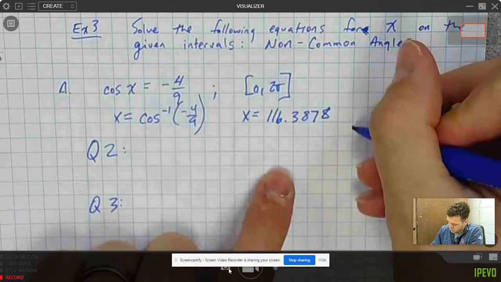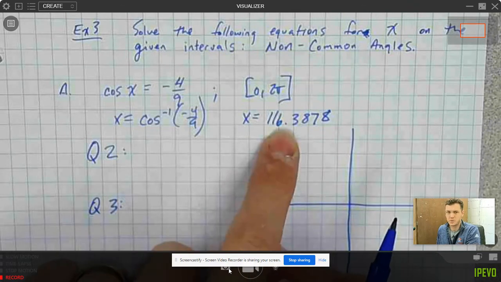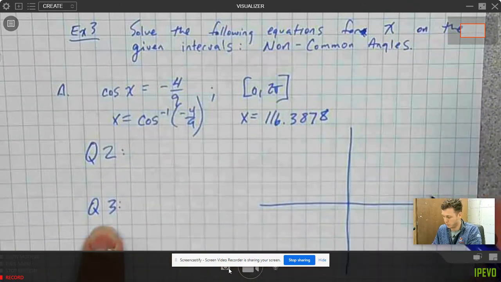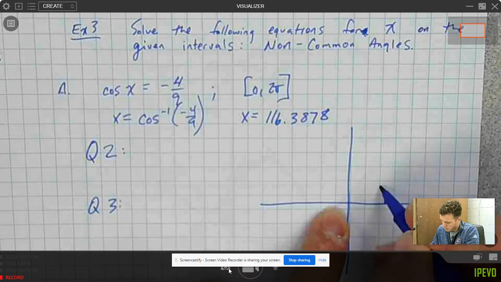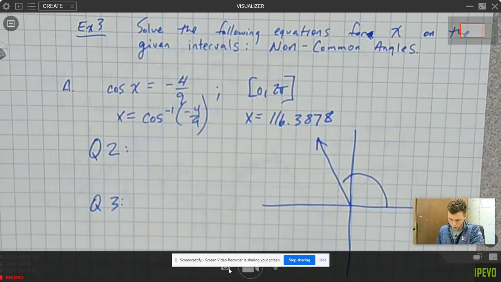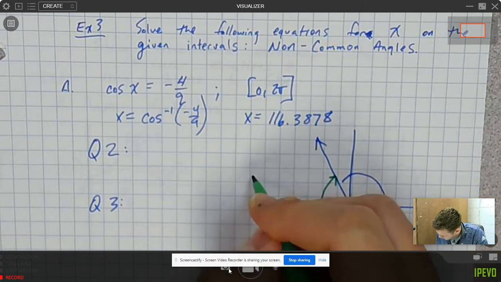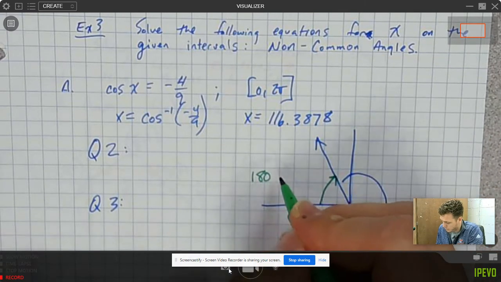Okay, so I'm going to take 180 and I'm going to subtract 116.39. Okay, so that gives us 63.61. So that's my reference angle. So quadrant 2, we know the angle is 116.3878.